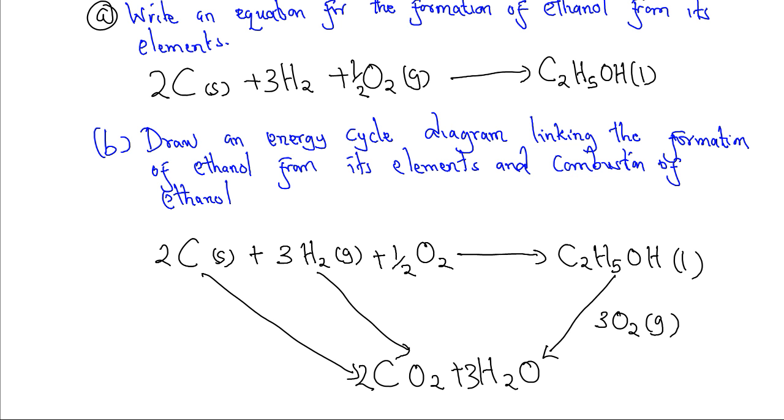So hydrogen requires 3.5 oxygen, okay, this one will be forming 4, so we have 2 moles of oxygen gas required. So now we have the energy cycle diagram.